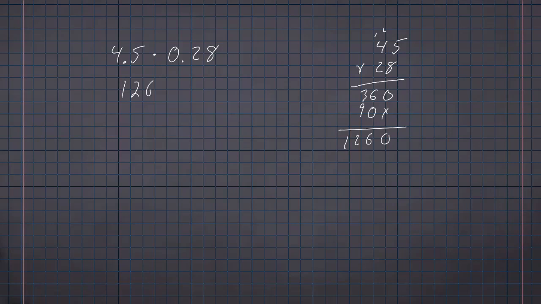But that's not the end of the story. There is 1 digit after the decimal point here and 2 more there. All told, that's 3. So I need there to be 3 digits after the decimal point in my answer. 1.260.